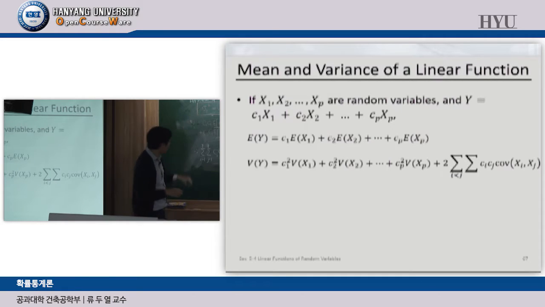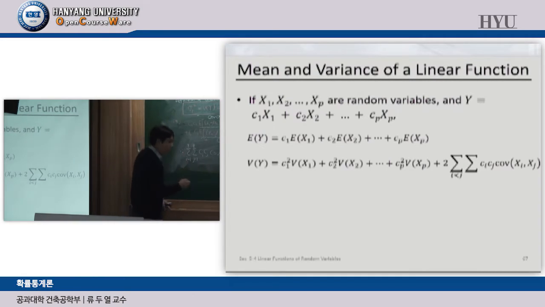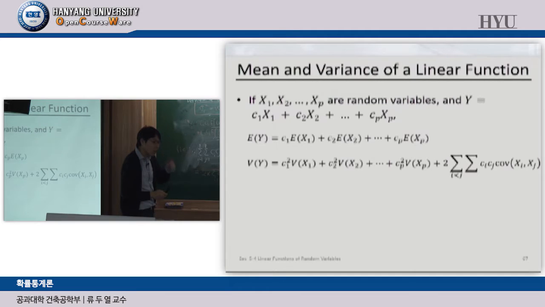So, if we provide the additional condition that i is always smaller than j, we can rewrite this as 2 times the double summation when i is smaller than j, c_i, c_j, covariance of X_i, X_j. Right? This is the same equation.